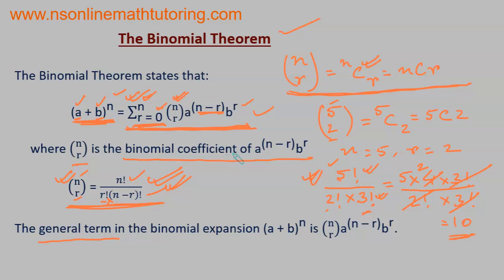Since we were using Pascal's triangle to get the coefficients, we had to get all the coefficients, at least the previous ones, to come to the coefficient of a to the power of 3 and b to the power of 3. Just by getting the coefficients, we may not know which one is the coefficient for a to the power of 3 and b to the power of 3. So we get the entire row in the case of Pascal's triangle.